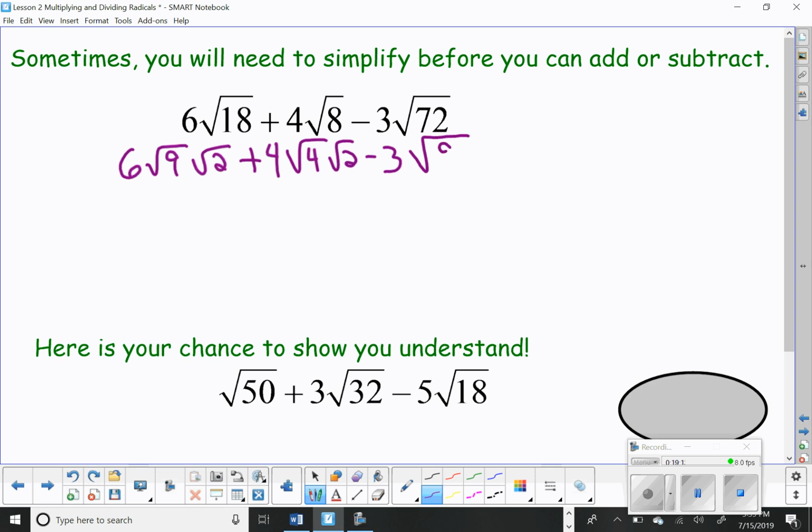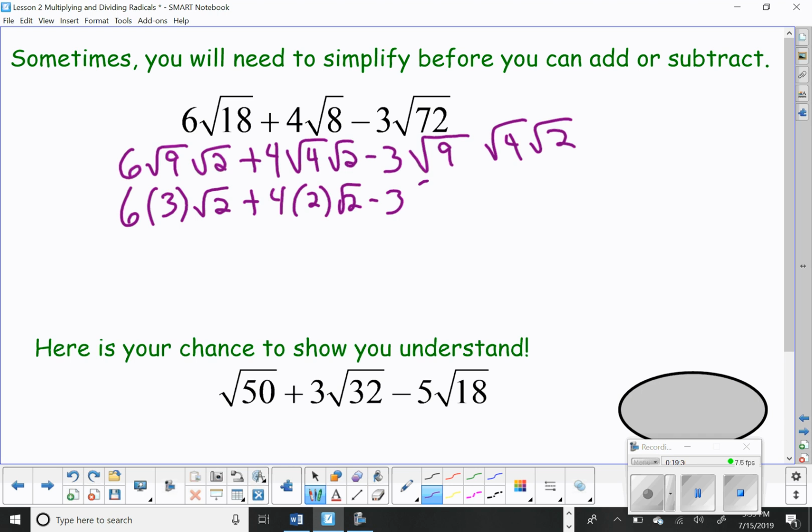You might break it into 9 and then 8 and realize that 8 is actually square root of 4 square root of 2. Now, this is 6 times the square root of 9, which is 3, 2, plus 4, square root of 4 is 2, square root of 2, minus 3, square root of 9 is 3, square root of 4 is 2, square root of 2.